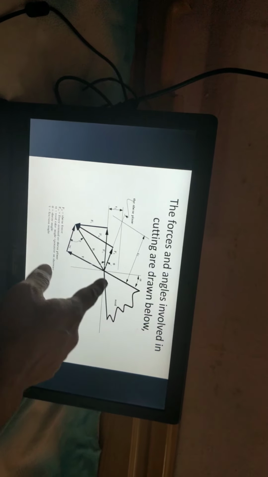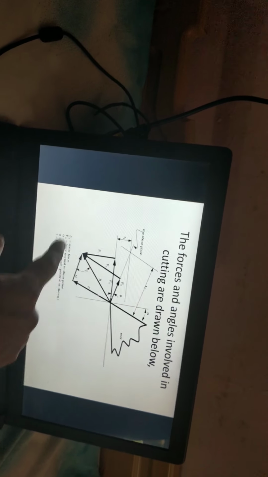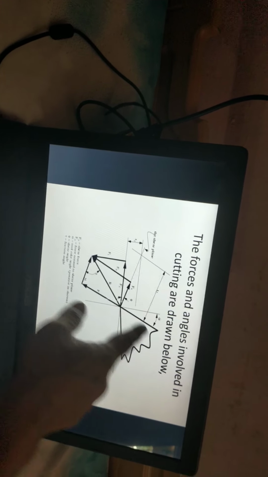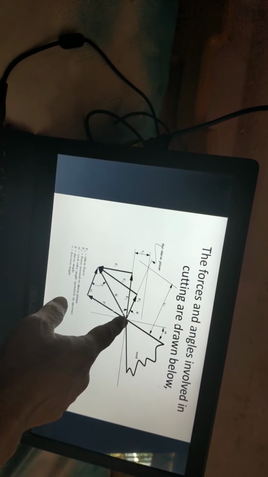Generally the forces and angles involved in cutting are drawn. This is alpha, this is Fs, Fn, then the equilibrium Fc, F and N, and this is Fc and Ft.